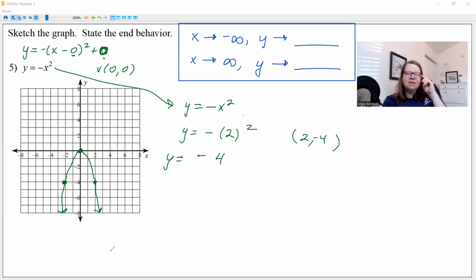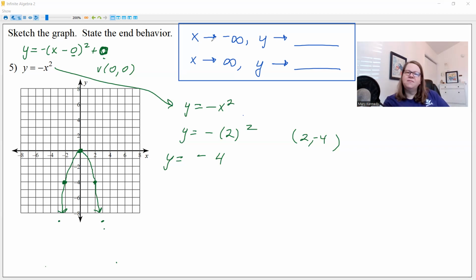You could have chosen 1, 3, 4, whatever. At 3, it would be at -9, so it would be maybe down here. 4 is going to be at -16. So we'll just continue.